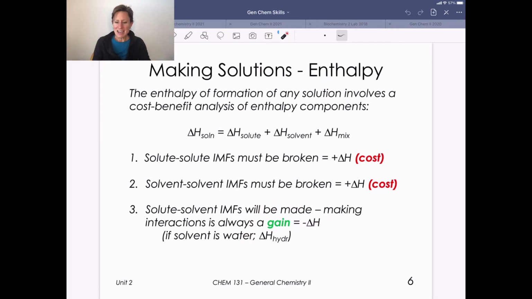And at the end of the day, if these costs are more than compensated for by the gains, then we have a solution that will be formed. We can use that energy analogy to explain that. Just highlighting here, if you ever see this delta H of hydration, this has to do with a specific sort of dissolution process where the solvent is water.